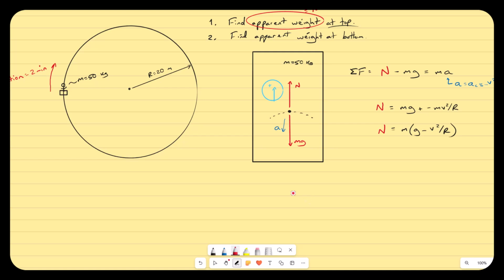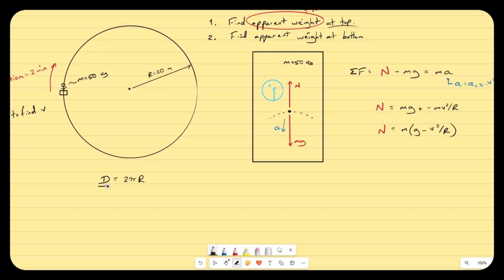Except I don't know my speed. I do have that one full rotation is going to take 2 minutes. I can use this to find speed. In one full rotation, the distance that I have moved is equal to 2 pi r, because that's the circumference of my circle.